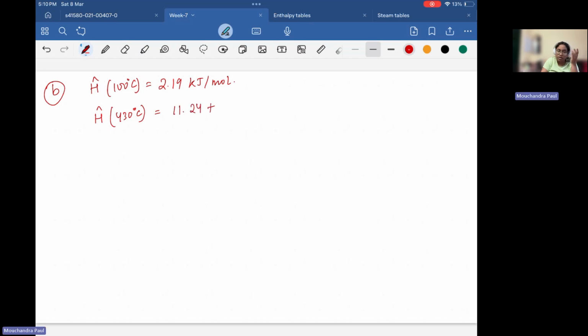So we'll use the same formula that we discussed in the previous slide, I mean one of the questions. Okay. So it will come out to be 12.179 kilojoule per mole.